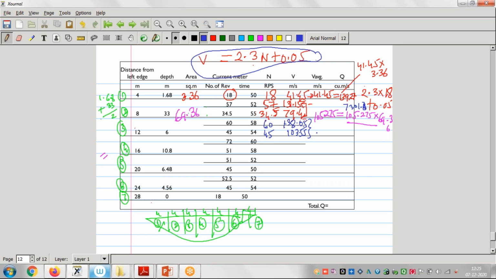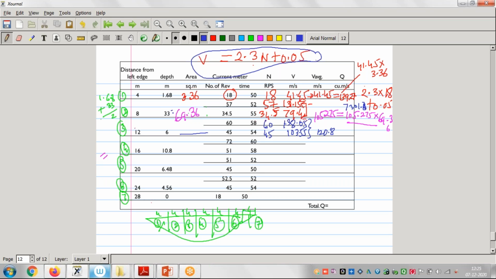You take the average. So you write here average. What is the average? 120.8, correct.